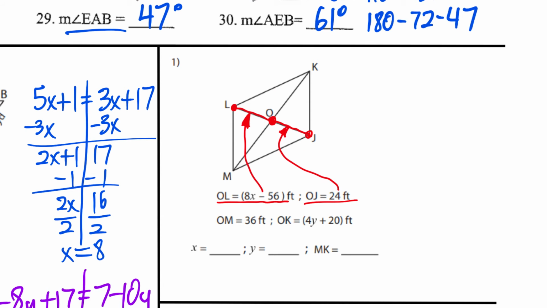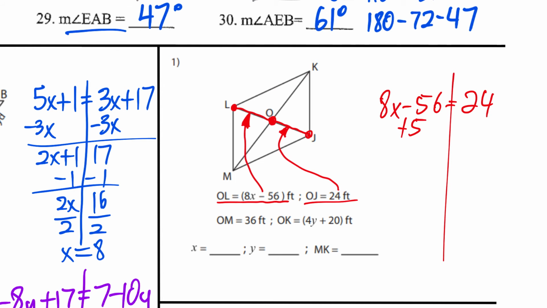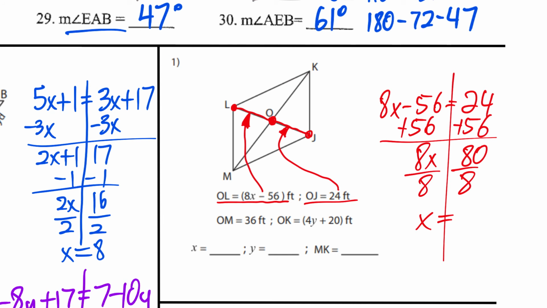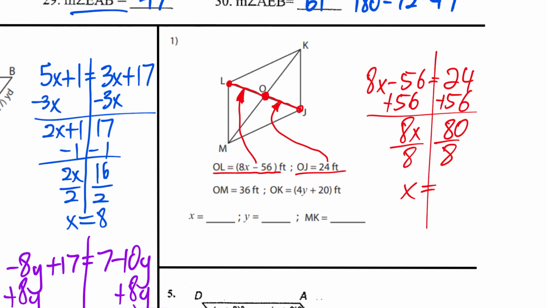So because the diagonals bisect each other, I know those two are equal. So I'm going to set 8x minus 56 equal to just 24. Add 56. 80. Divide both sides by 8. And x equals this.